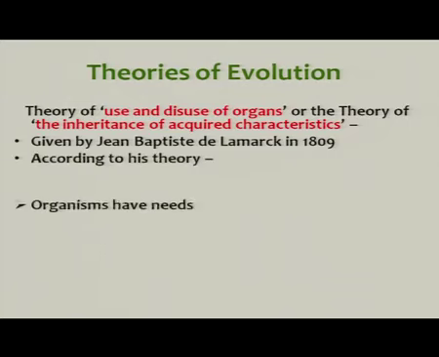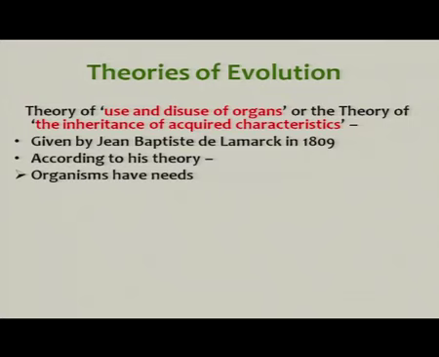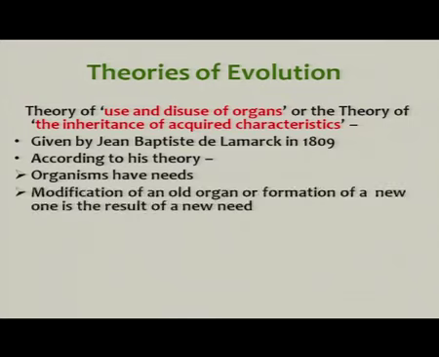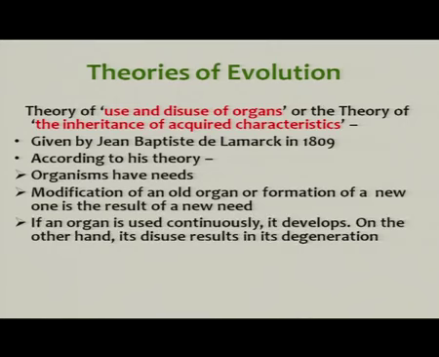So, what does this theory say? This theory says that organisms have certain needs. The modification of an old organ or formation of a new one is the result of a new need. If an organism has a new need, it can, as per its need, modify its old organs or form new organs. This was the postulate according to Lamarck.